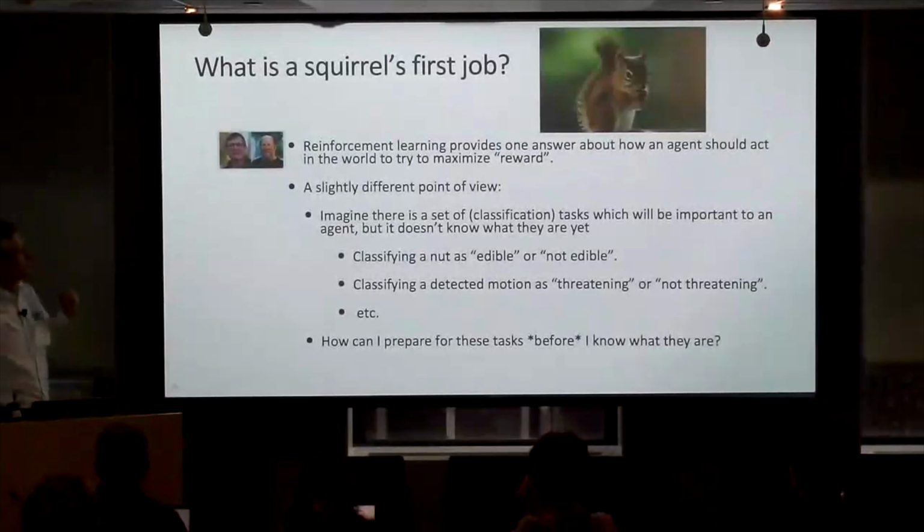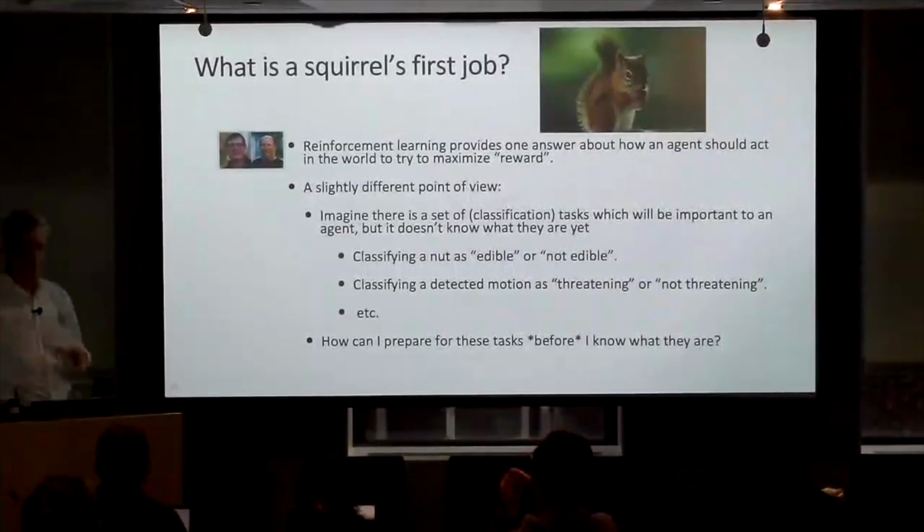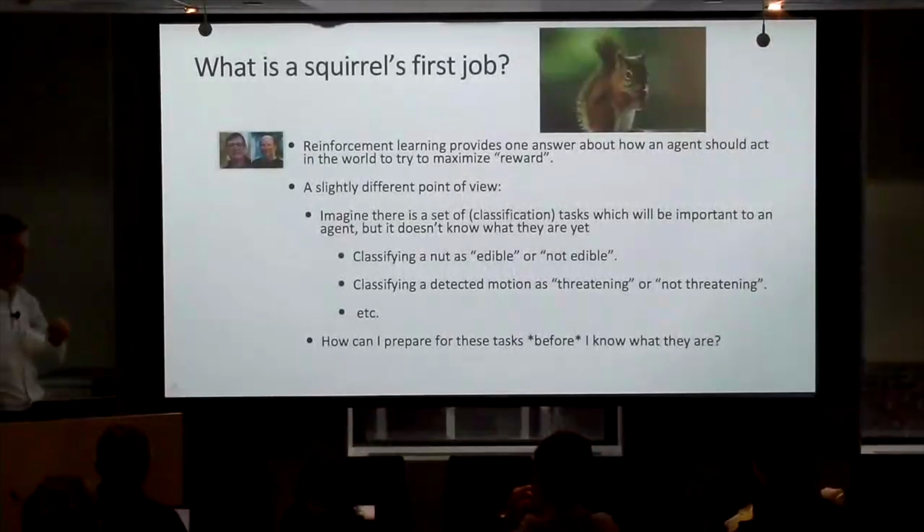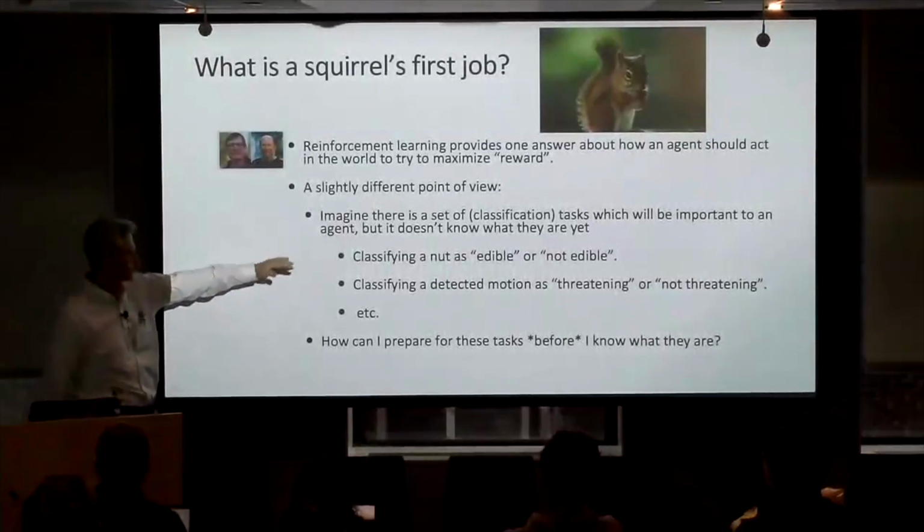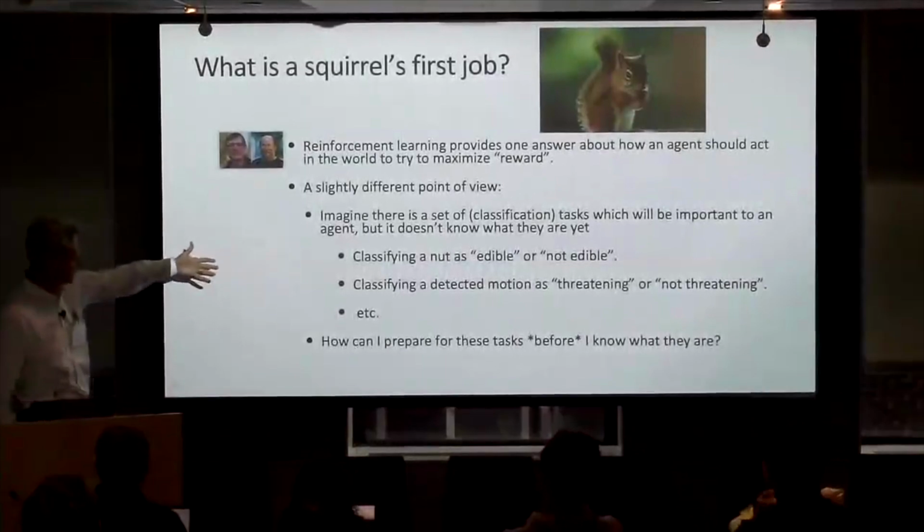So in order to talk about this problem, to me, when we look at agents in the world, like a squirrel is born and it's going to be faced with certain difficult classification tasks, but it better start learning before it's presented with those tasks. And there's no particular reason it should know what those tasks are going to be. For example, it may need later to classify a nut as edible or not edible.